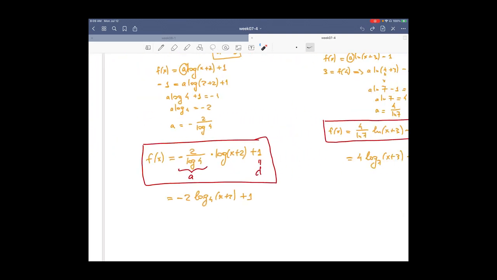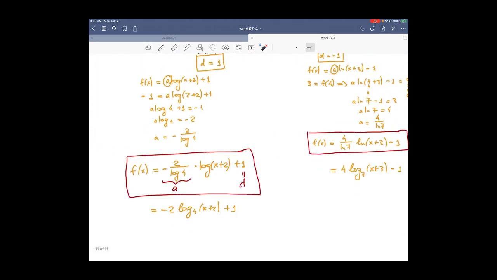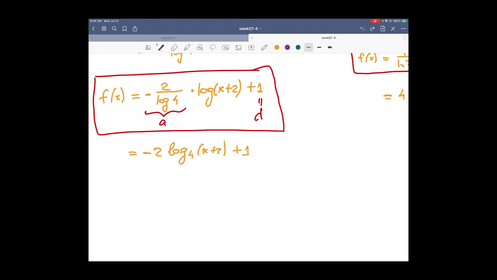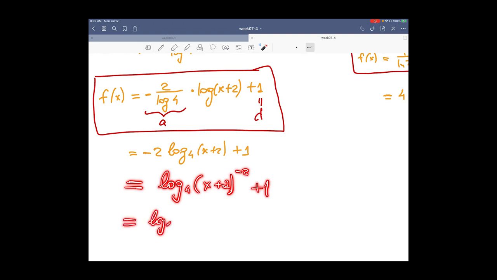By the way, under the assumption that here x plus 2 is positive, we can actually simplify this further. Right? We can write that this is log base 4 of x plus 2 to the power negative 2 plus 1, and that's log base 4 of 1 over x plus 2 squared, x greater than negative 2.